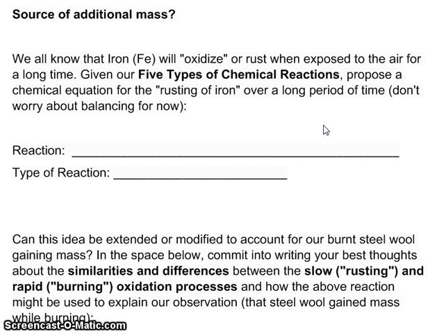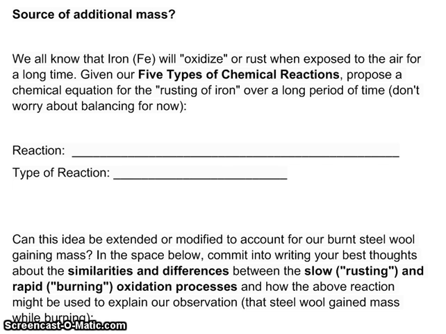I asked them to propose some way in which the rusting of iron could happen over a long period of time, and to try to determine what kind of reaction that is. And then I asked them to think about the differences and similarities between the rapid oxidation process that we saw and the slow rusting process that they know happens out in the world.